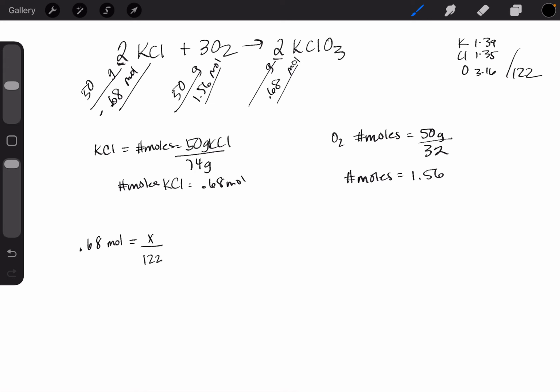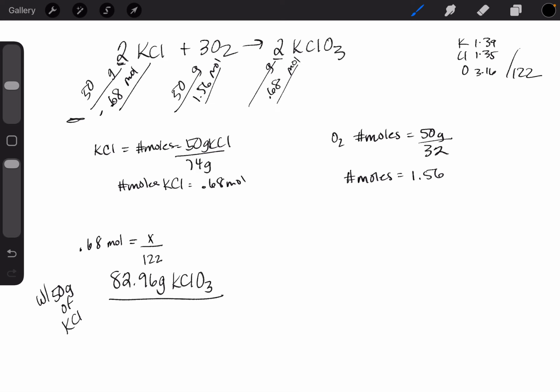When I multiply those out, if I used the 50 grams here, I'm going to end up with 82.96 grams KClO3 with the 50 grams of KCl.